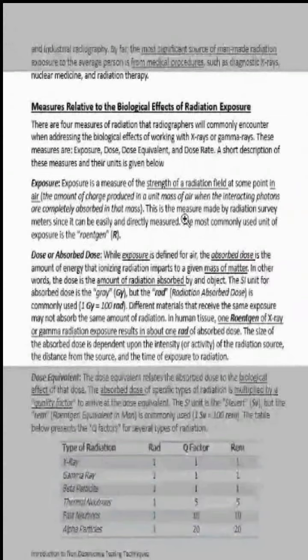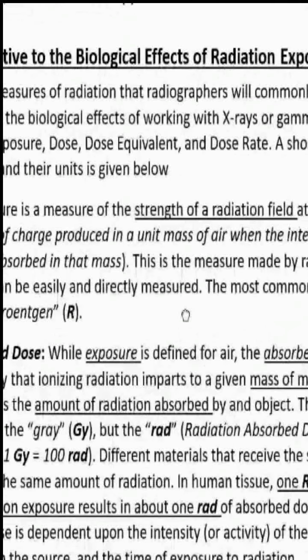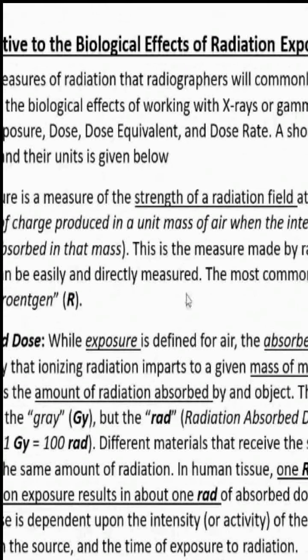Now, what are the units for biological effect of radiation? There are two units: RAD, that is radiation absorbed dose, and the SI unit is called Gray, GRAY or GY.